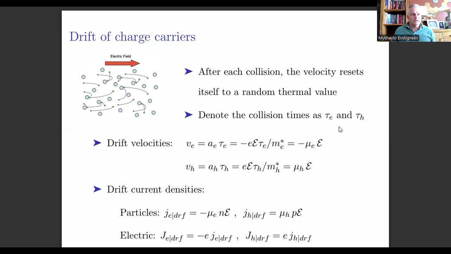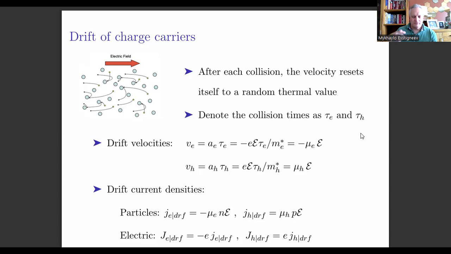Let's call the duration of this acceleration stage the collision time. In fact, there is no reason to assume that electrons and holes have the same collision time. They typically don't. So we distinguish between the electron collision time, tau e, and the hole collision time, tau h. Every time a collision happens, that extra velocity acquired by the charge carrier from the electric field is reset to zero.